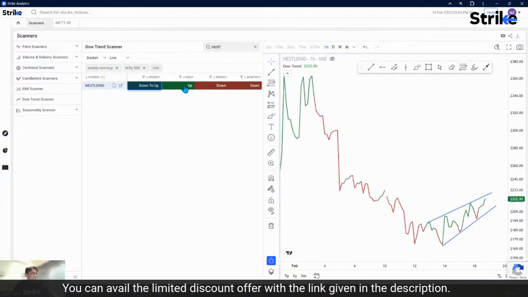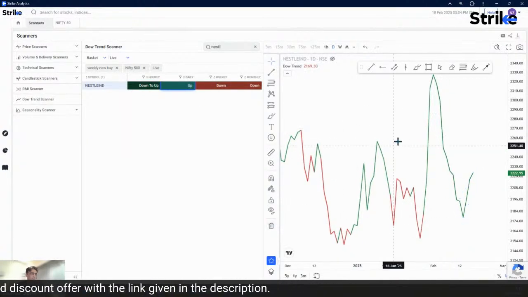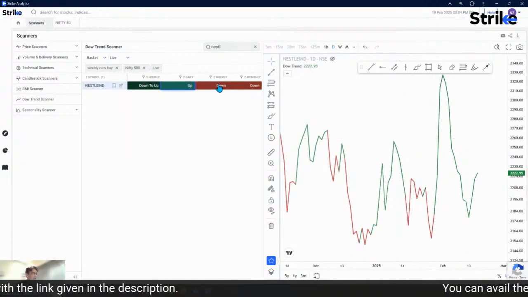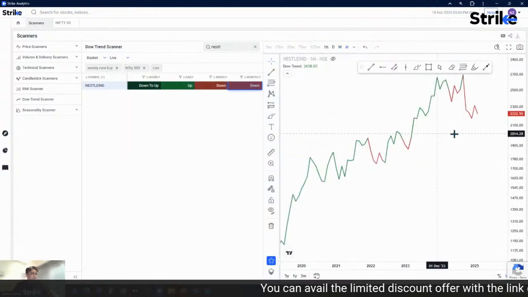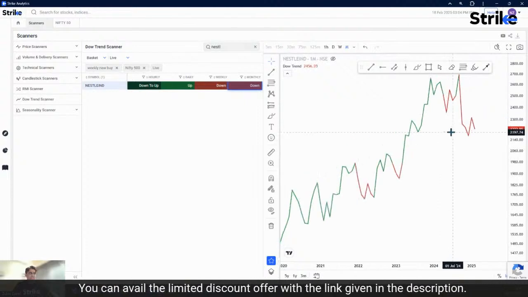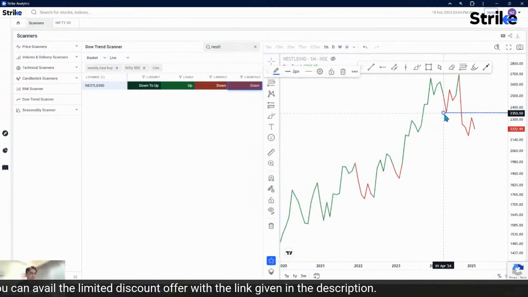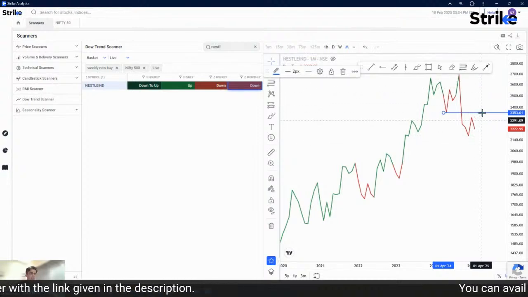On the daily time frame, the trend is up. All right, and on the weekly it is in a downtrend, and on the monthly also it is still in a downtrend.